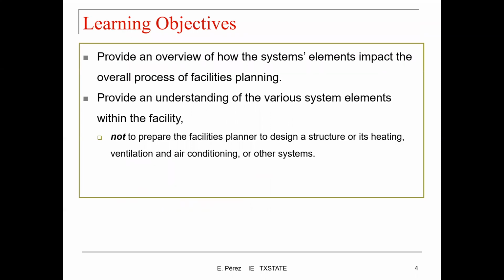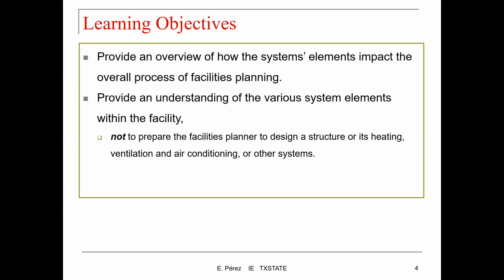In terms of the learning objectives, we want to provide an overview of how the system's elements impact the overall process of facilities planning. We also want to provide an understanding of the various system elements within the facility, not to prepare the facilities plan to design a structure or its heating, ventilation, and air conditioning or other systems, but to have an understanding of how those systems impact the design of your facility.